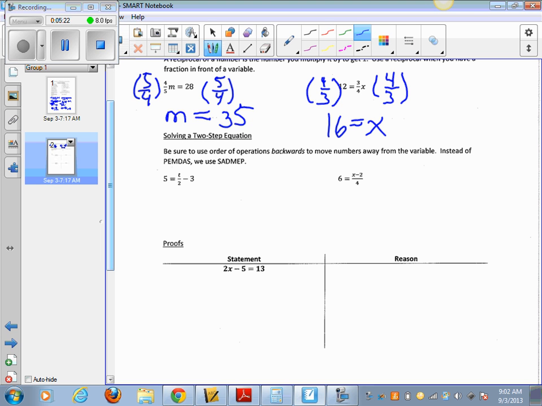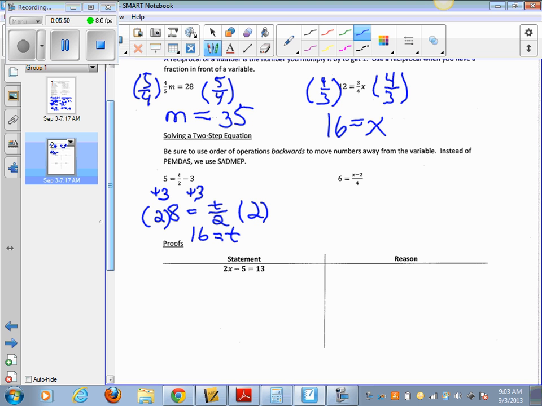So with our first one, we were going to add 3 to both sides first. We get 8 equals t over 2. Now to get t all by itself, we're going to multiply by 2. And our multiplication property of equality tells us that we have to do it on both sides. So we get 16 equals t.